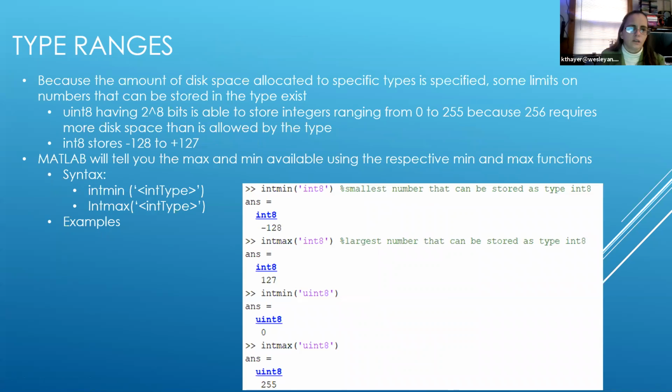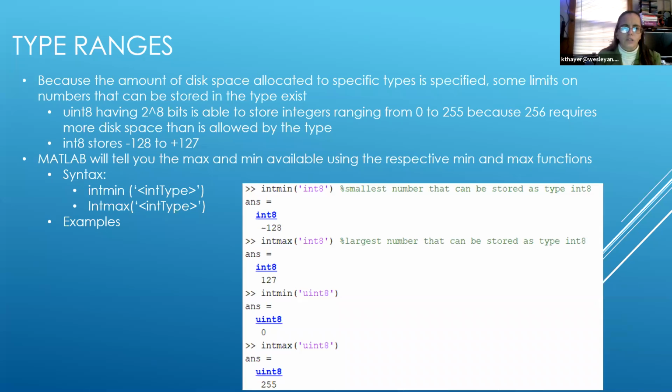Type ranges. Because the amount of disk space allocated to specific types is specified, that's one of the points of doing that, there are going to be some limits on the numbers that can be stored in the type. So getting back to uint8, that has 2 to the 8th possible values, so it can store integers ranging from 0 to 255, because 256 would need more disk space than is allowed by the type. The size of the integer determines how many bits you need to use.